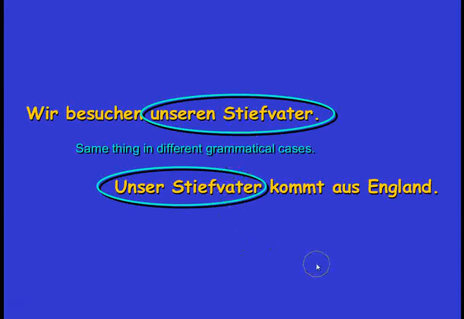But there's a way we can still combine these sentences regardless of where this common element lies in the sentences. So we're going to look at what those are in terms of relative pronouns. One of the things that you're going to notice is this could also be the stepfather here.